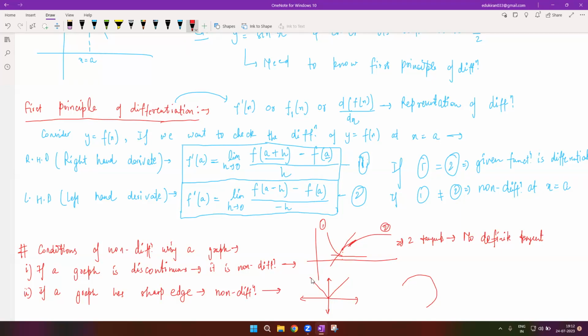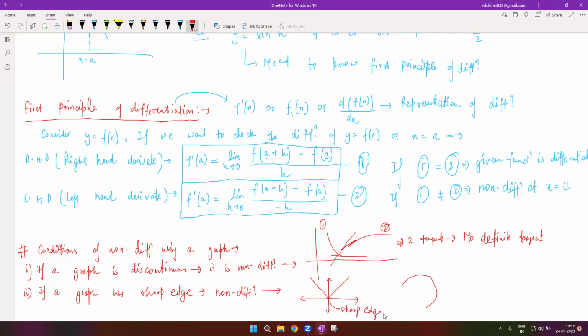You guys have studied this in class 10th physics, that if you draw the image from a plane mirror, an incident ray comes, and then there goes a reflected ray, right? So this is the same concept. At this point x equals 0, the graph is turning back suddenly. So this is basically forming a sharp edge.